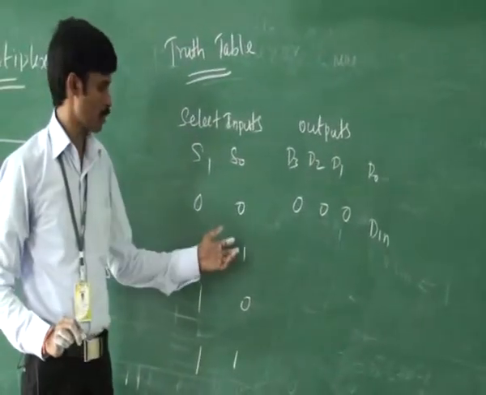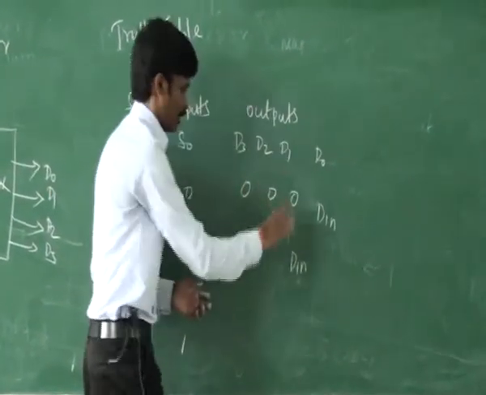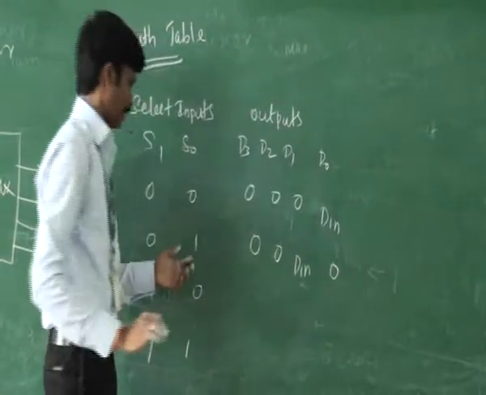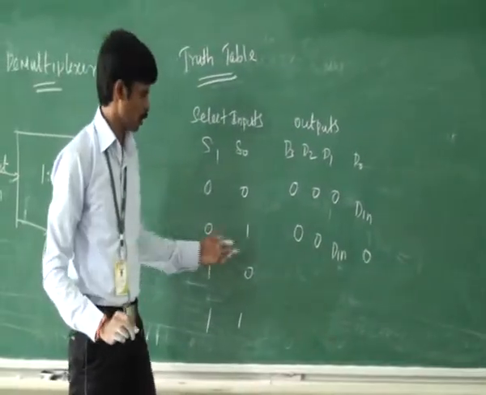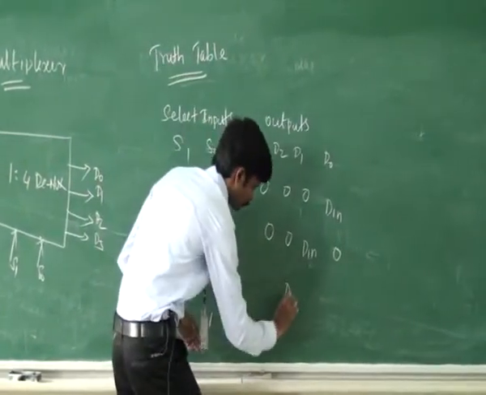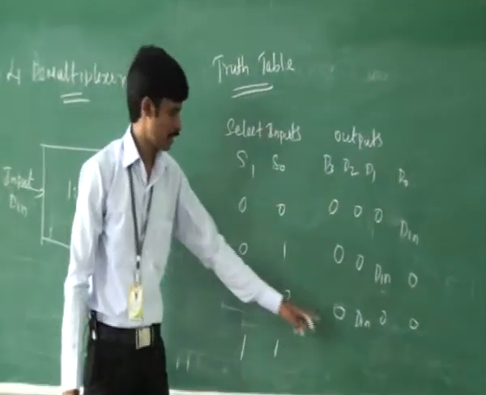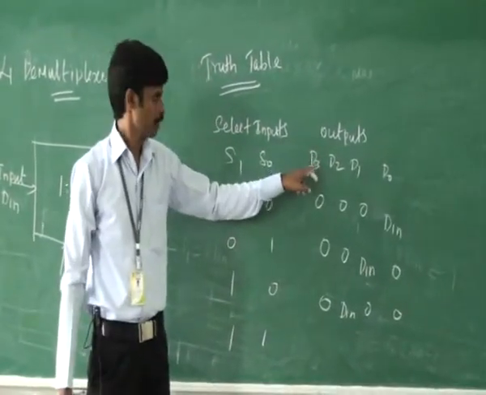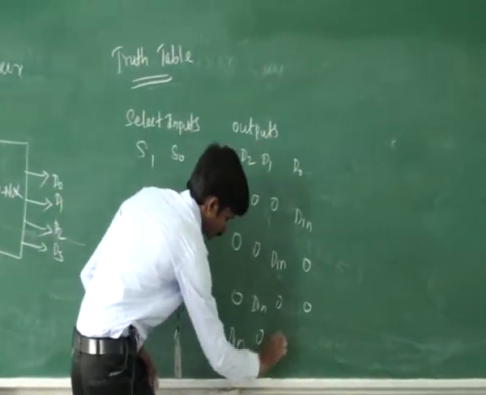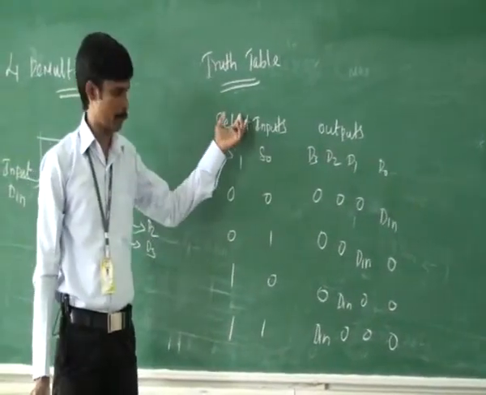When the select inputs are 0, 1, the data input is connected to D1. The remaining outputs will be 0. When the select inputs are 1, 0, Din is connected to D2. The remaining outputs will be 0. When the select inputs are 1, 1, Din is connected to D3. The remaining outputs will be 0. This is the truth table for 1:4 demultiplexer.